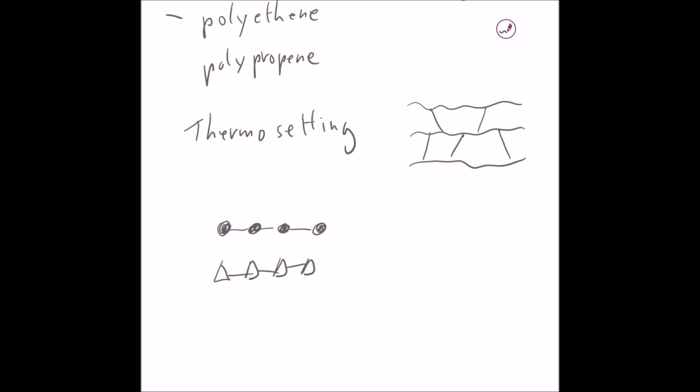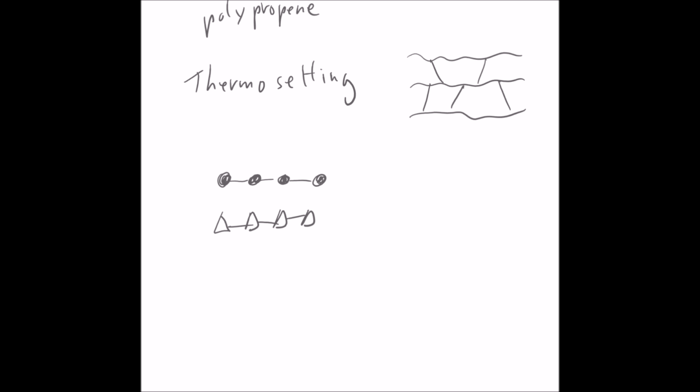So if we take polyethylene as an example, you could have two different versions. Even though it's the same exact monomer being used, the different reaction conditions can lead to two different types of polyethylene. So you can have low density polyethylene or high density polyethylene. And so it's the same monomer chain, but the difference is there are different reaction conditions to make those two different types of polymer.